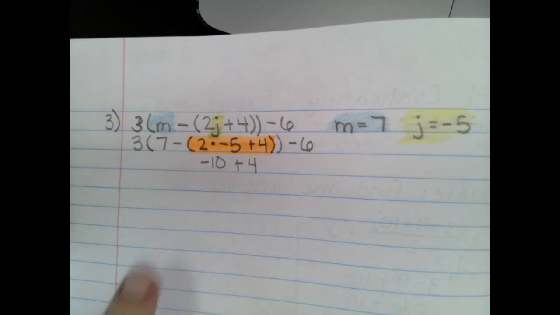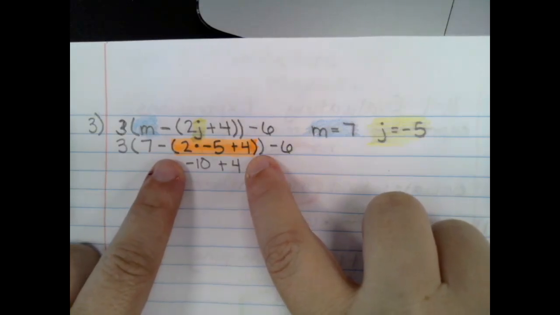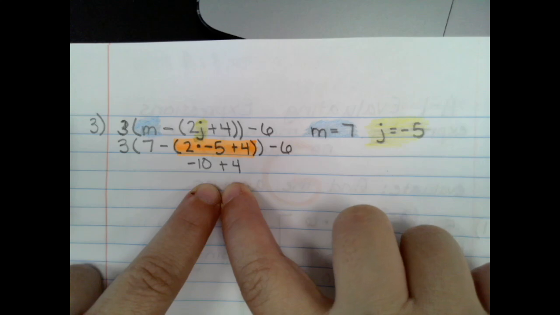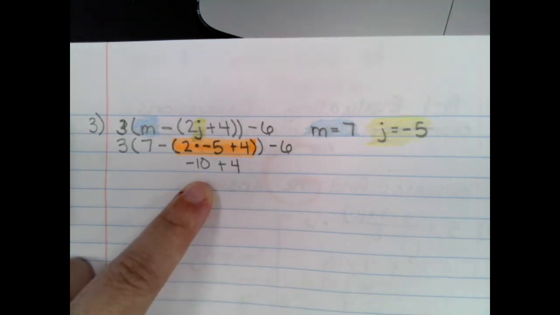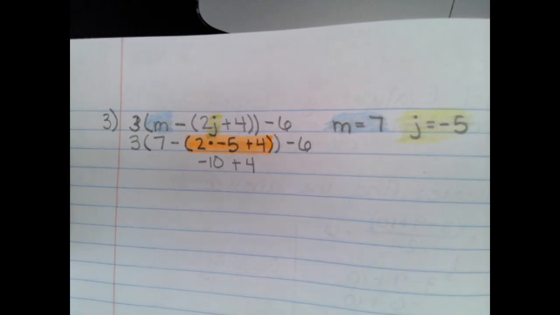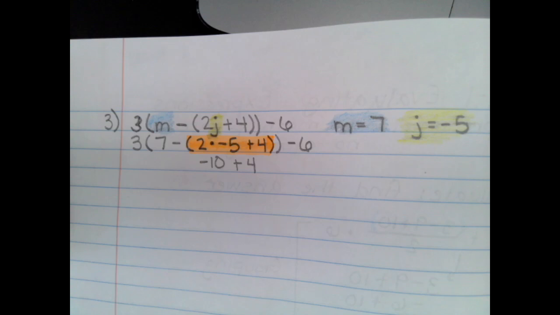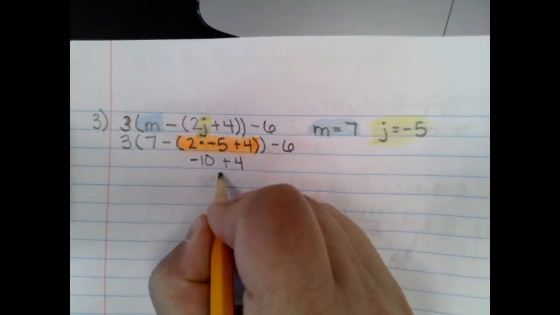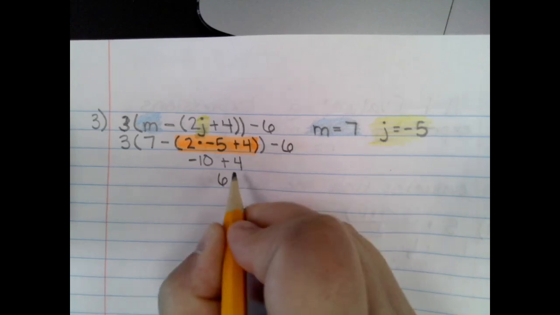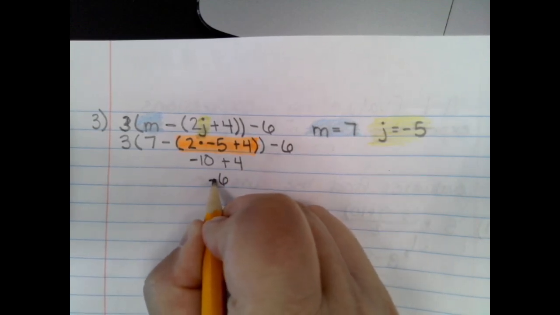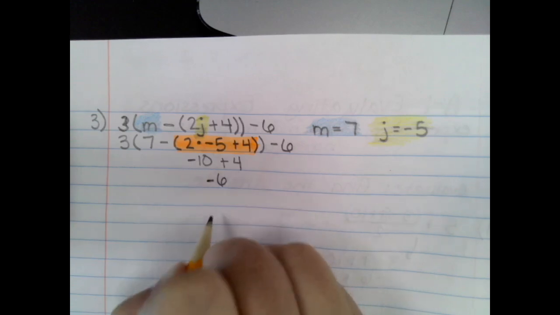Have I done everything in the parentheses yet? No, I'm still working my way to one answer. So negative 10 plus 4, when they're different symbols, a negative and a positive, we're really subtracting. So 10 minus 4 is 6. Do I have more positives or more negatives? Negatives. Okay, so I got down to one answer.